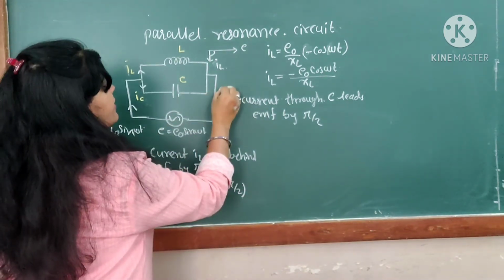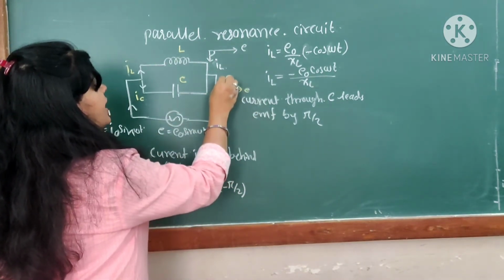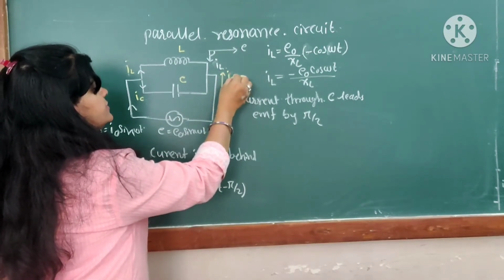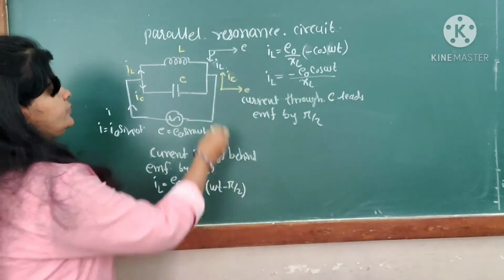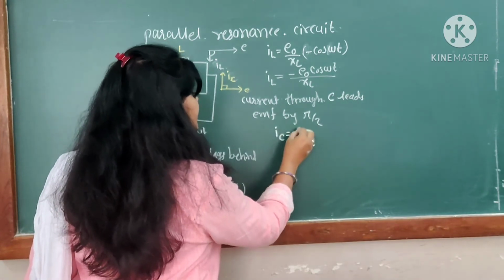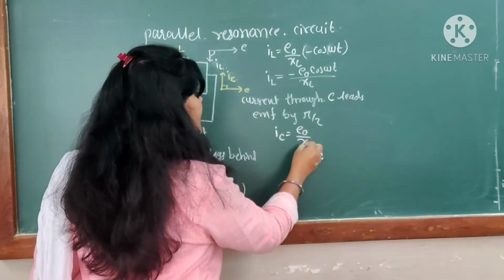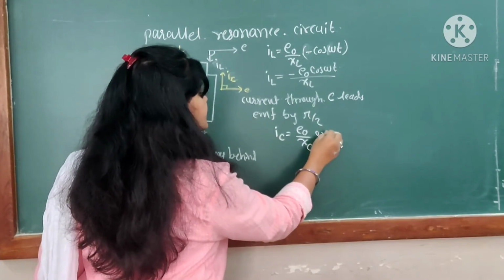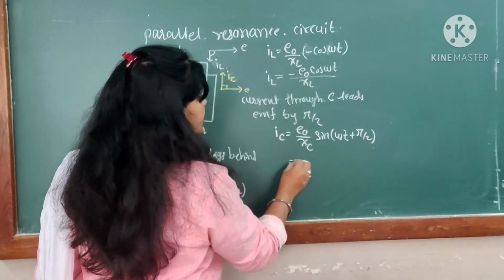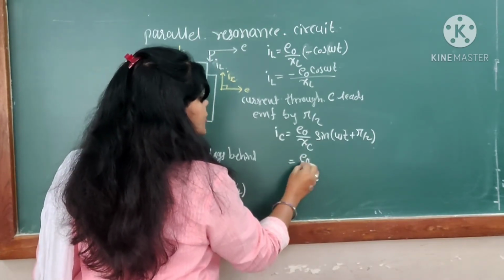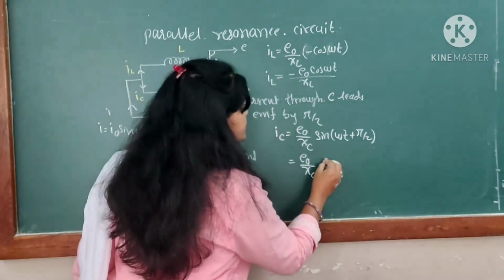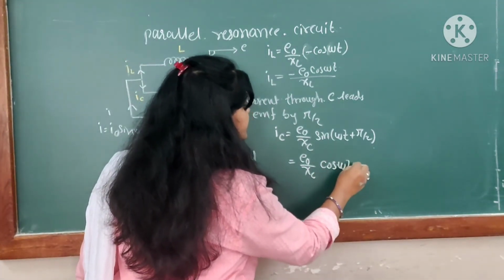The graph shows the EMF E, and the current IC leading by pi by 2. Then we write the formula: IC is equal to E naught upon XC into sine of omega t plus pi by 2, which becomes E naught upon XC into cos omega t.